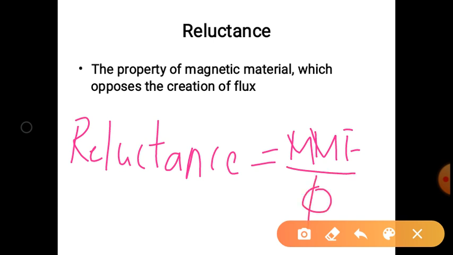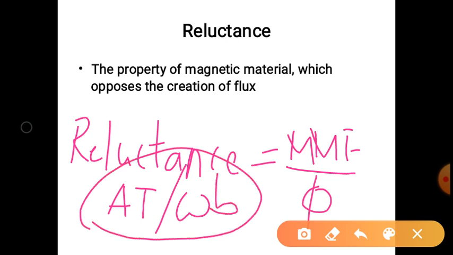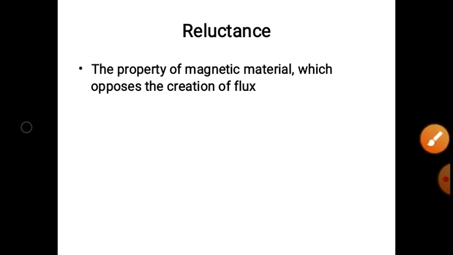So what is the unit of mmf or magnetomotive force? It is ampere turns. And what is the unit of flux? It is Weber. So the unit of reluctance will be ampere turn per Weber. So we'll move to the next concept.